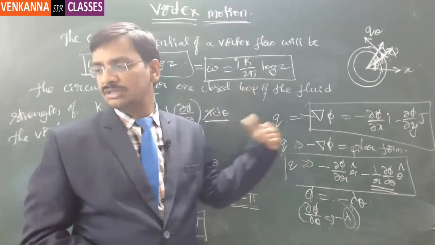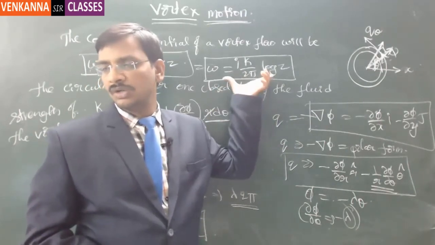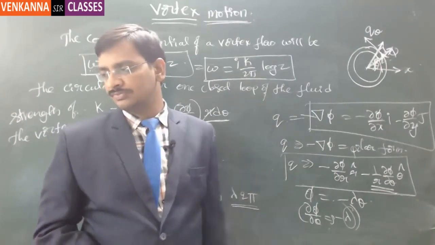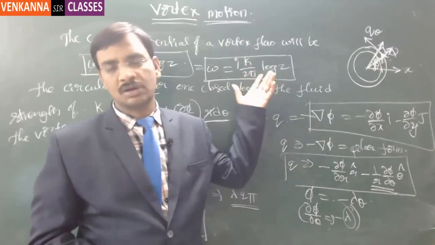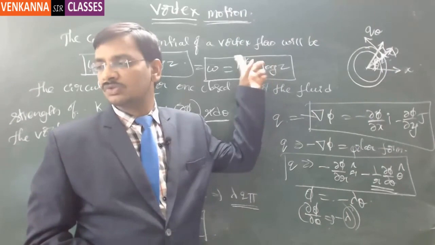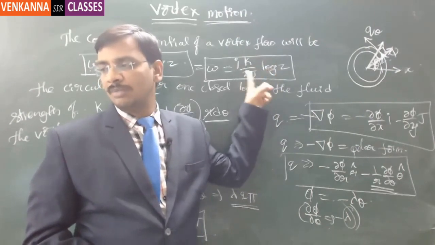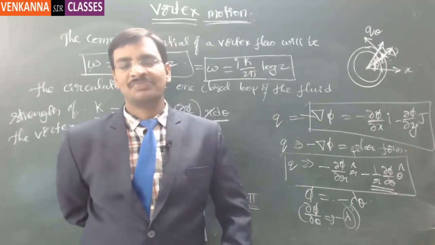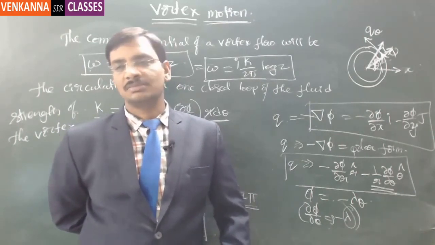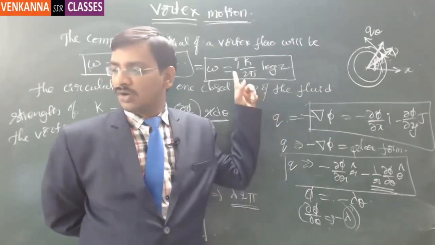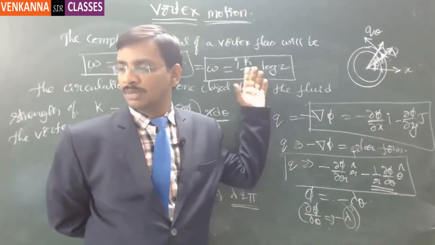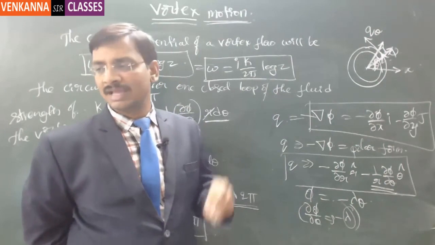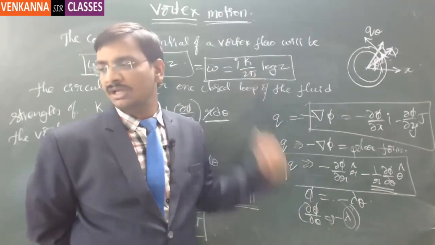So whether you understood this derivation or not, this you need to remember: a vortex can be modeled as iK by 2 pi times log z. This is as if like a source or a sink, but the strength of the source is a complex value, iK by 2 pi. Earlier we modeled the strength of the source as plus m and the strength of the sink as minus m, but here it is a complex value. That's the only difference. The complete analysis we made in two-dimensional flow, exactly the same thing we will do even here.